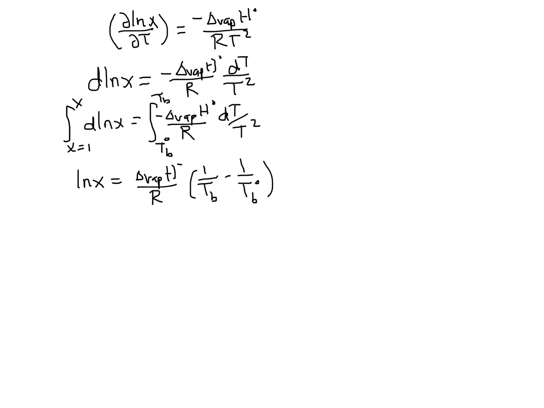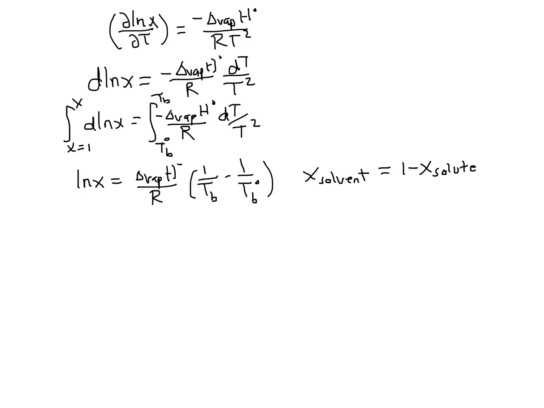At this point, we have this in terms of the mole fraction of the solvent. We more commonly describe the composition of a solution by using the mole fraction of the solute.